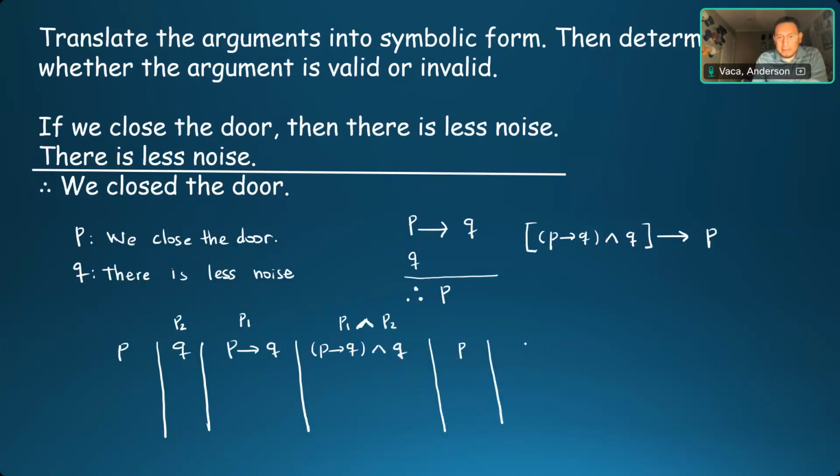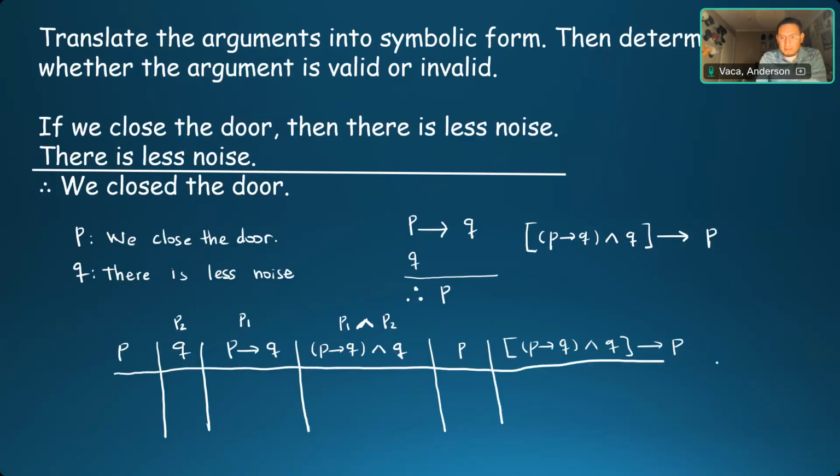And here we are writing the conditional. If this column, then this column. If the premises put together, then the conclusion.